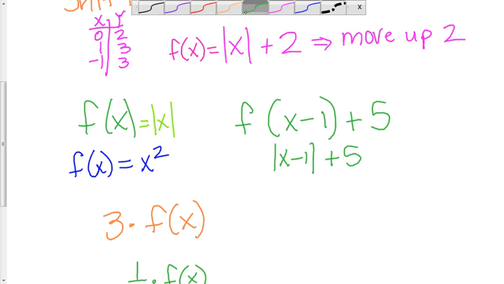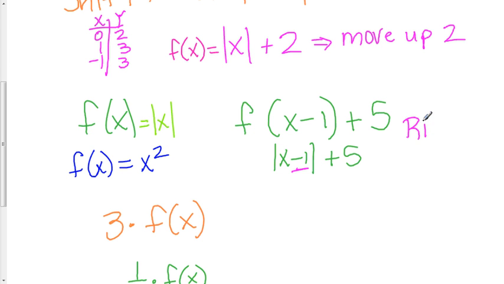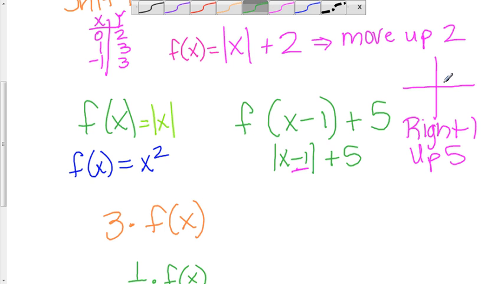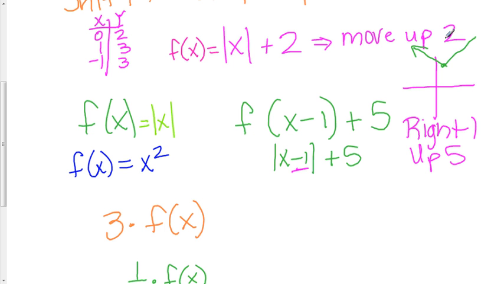The minus 1 would shift your graph to the right 1, and the plus 5 would shift it up 5. And so then on your coordinate plane, you would be to the right 1 and up 5, and then you would have your V, still with slopes of 1 and negative 1.